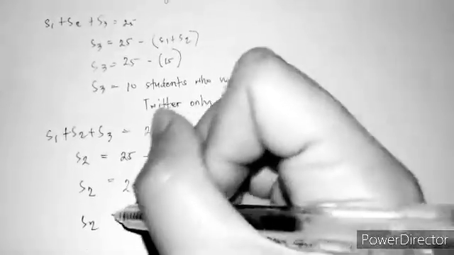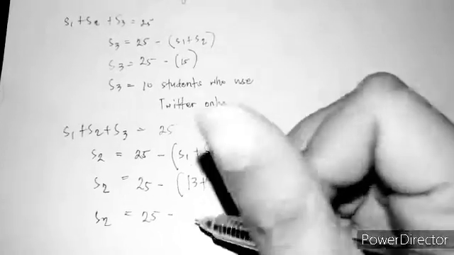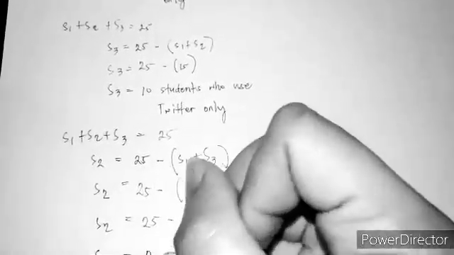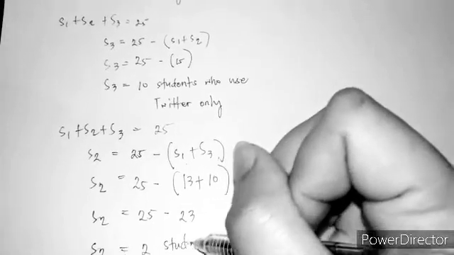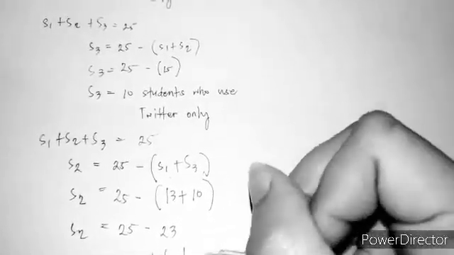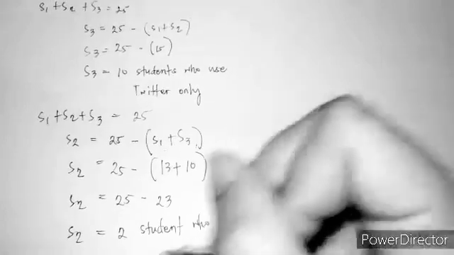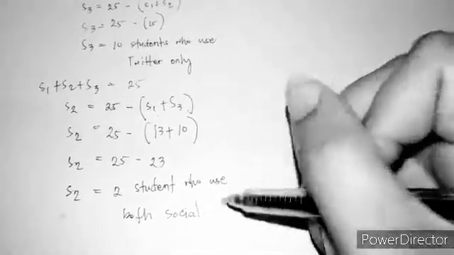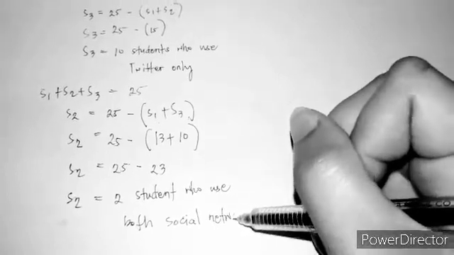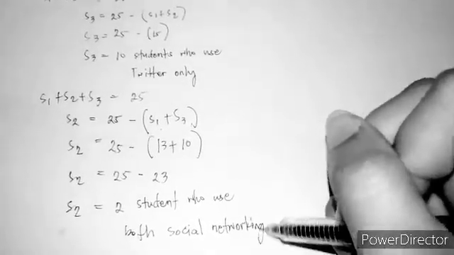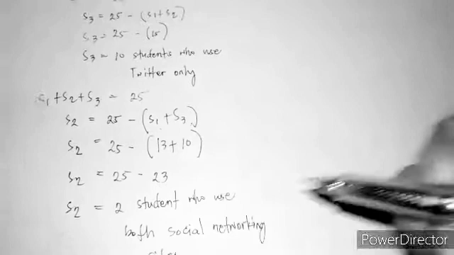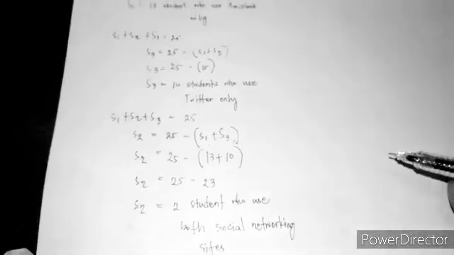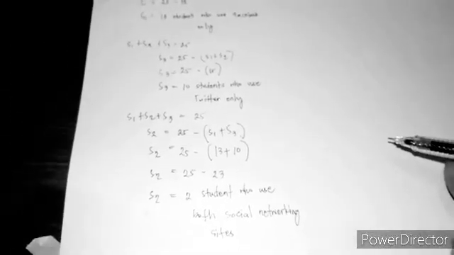So S2 is equal to 25 minus 13 plus 10. We have 23, so our S2 is 2 students who use both social networking sites. So we are done solving the S1, S2, and S3.